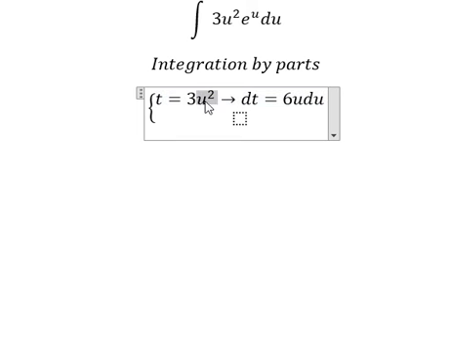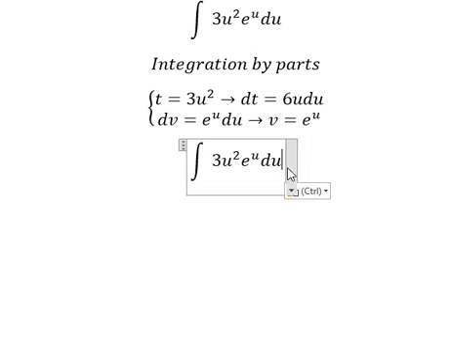First derivative of u squared, we have 2u, number 3 and number 2, we have number 6. dv, we have e to the power of u du. The integration of this one, we have v equals e to the power of u.